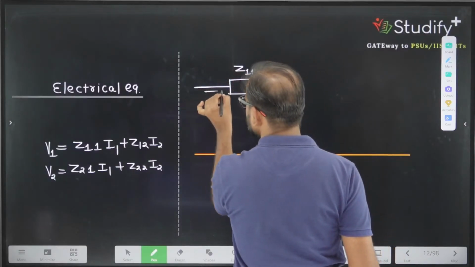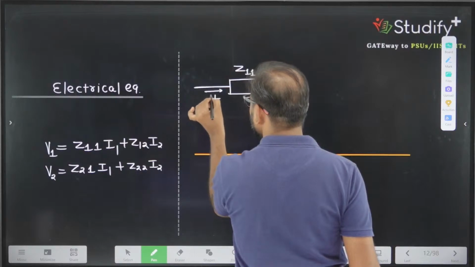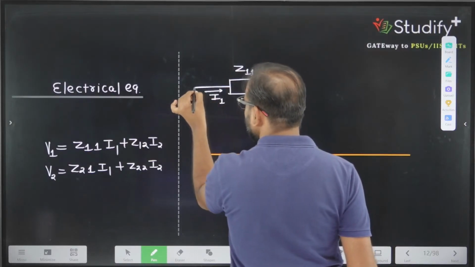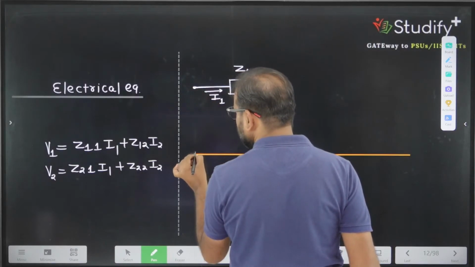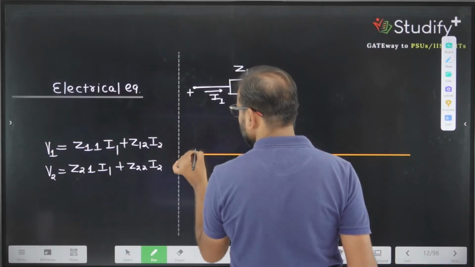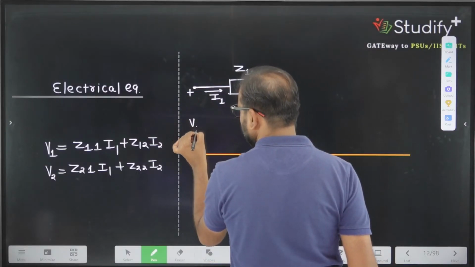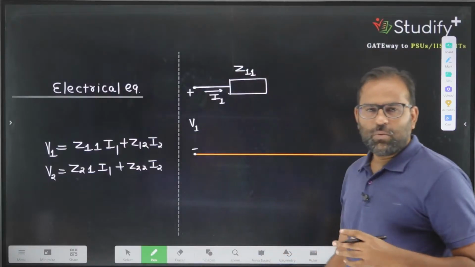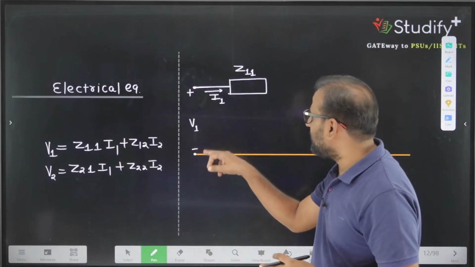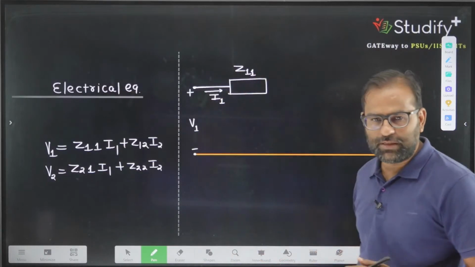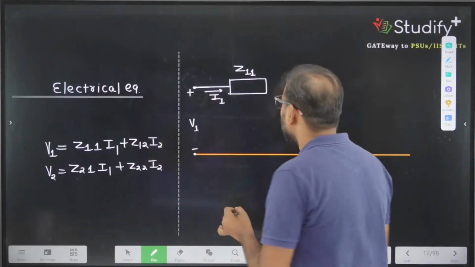And let's say this current is I1. I am calling this voltage V1. So what is V1? V1 is equivalent to Z11 into I1. What we want is Z12 into I2.